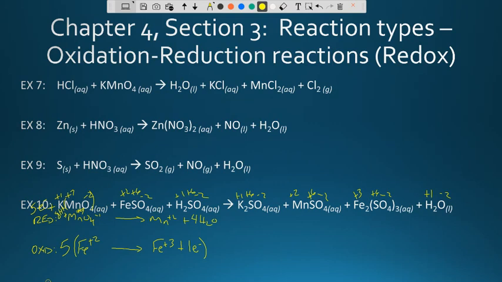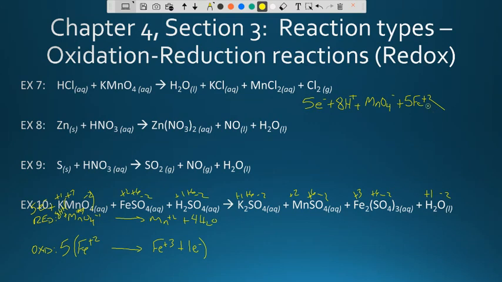So, having said all of that, let me rewrite because it's getting a little bit messy. I see that I have on this side 5 electrons. I see that I have 8 hydrogen ions. I see that I have 1 permanganate. I see that I have 5 irons. That's a +2.